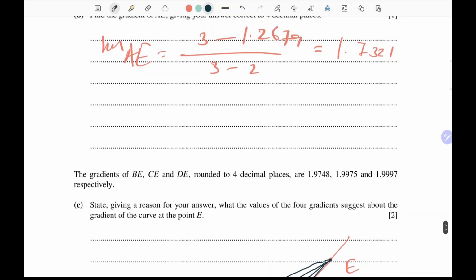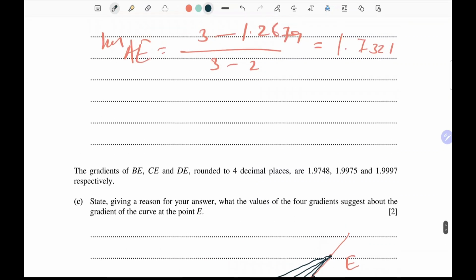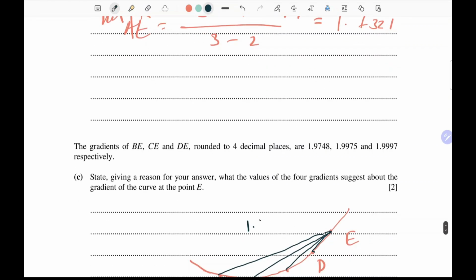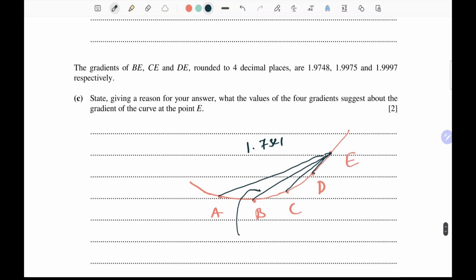The gradient of AE is 1.7321. What's the gradient of BE? 1.9748. What's the gradient of CE? 1.9975.